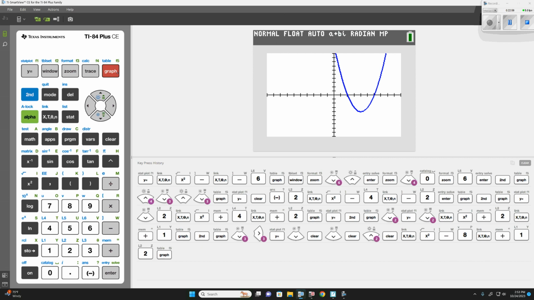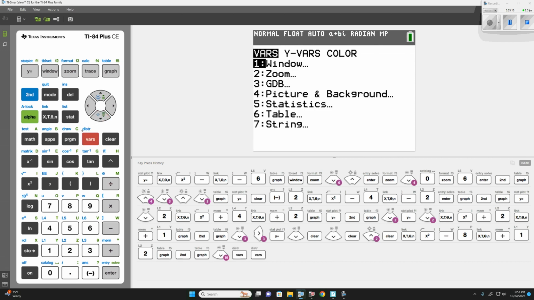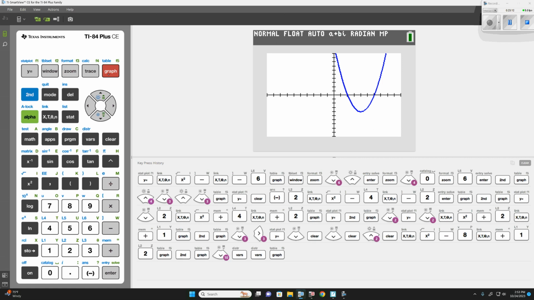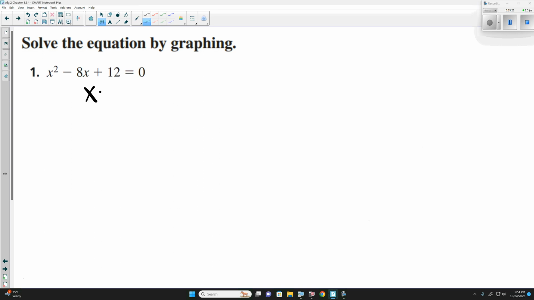So it crosses the x-axis at 2 points. We could count on the x-axis to find it, or we can say second graph. Scroll down. So 6 is one of them, and the other is 2, yes? So here x is equal to 6, and x is equal to 2.